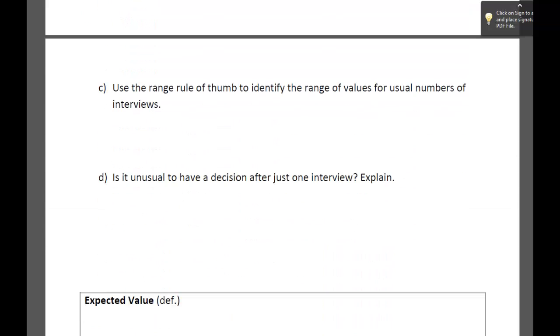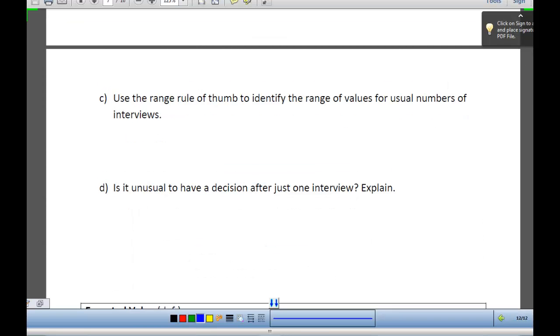All right, D, use the range rule of thumb to identify the range of values for usual numbers of interviews. Okay, so again, to use the range rule of thumb, we're going to look at mu plus or minus 2 sigma. Mu in this case is 2.9, and the standard deviation was 1.2.